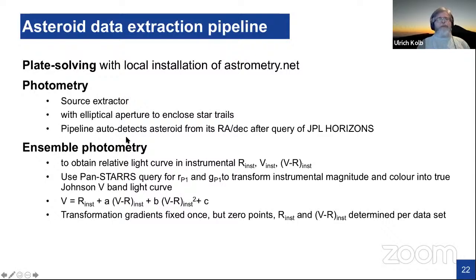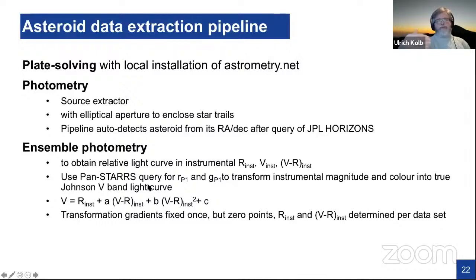The pipeline auto detects the asteroid from its known RA and Dec after it queries in real time, again, the Horizons database, and then engages in ensemble photometry using the trailed stars as the backbone over the number of frames where the asteroid's going through, and obtains the relative light curve in the instrumental Johnson R and V and the color for the asteroid.